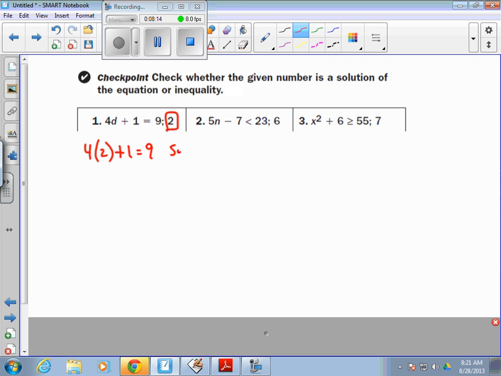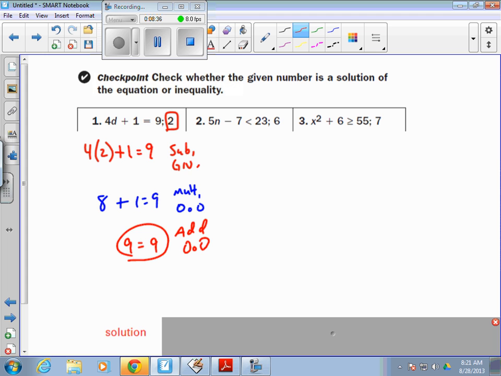So we substituted a given value just like we've been doing. 4 times 2 is the number 8 plus 1. And right there, all we did was multiply because of order of operations. And then 8 plus 1 is 9 equals 9. We added, again, because of order of operations. So since that's a true statement, it is a solution. Yes, it is a solution.